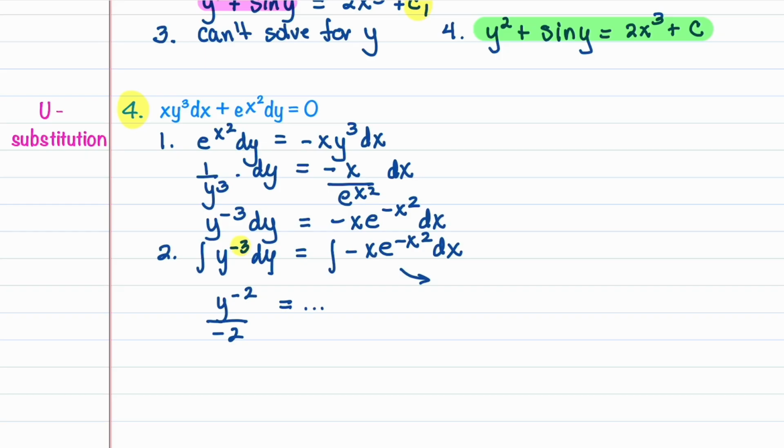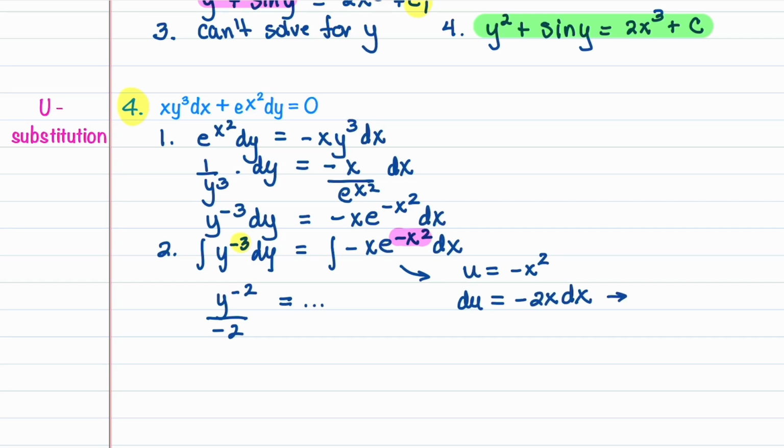To integrate this function, we are going to have to use u substitution. This is going to be our u, and we're choosing that because our du is minus 2x dx, and we have the minus x dx in our integral. We let u equal minus x squared, and then du is minus 2x dx.